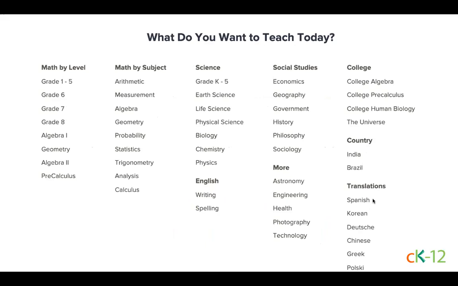When you are logged into our site as a teacher, in the middle of the page, you're going to see this prompt that says, what do you want to teach today? And you can start browsing subjects from this menu option. So on our homepage, under the English branches, for instance, you can see that we have some content for writing and for spelling.